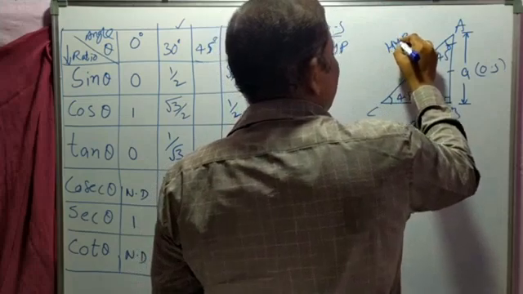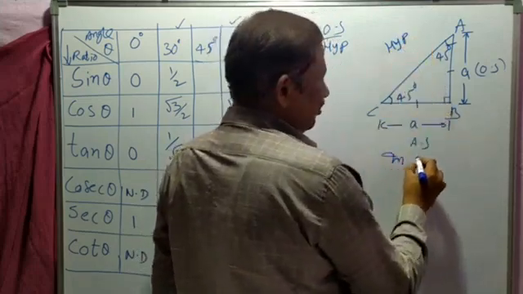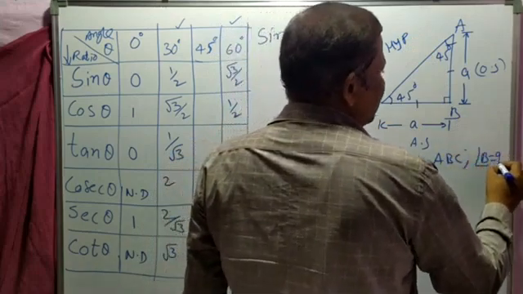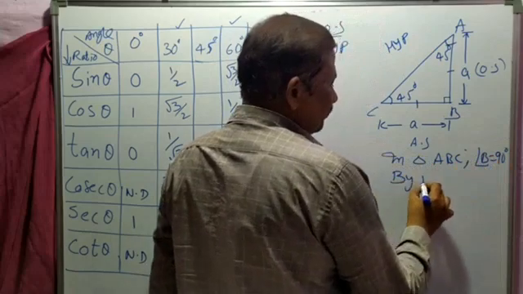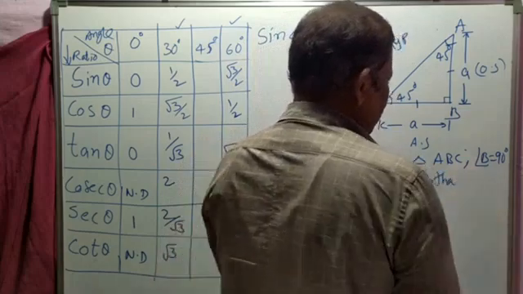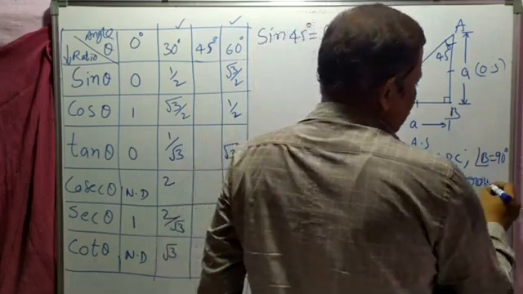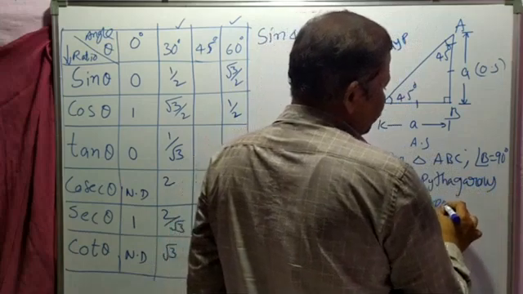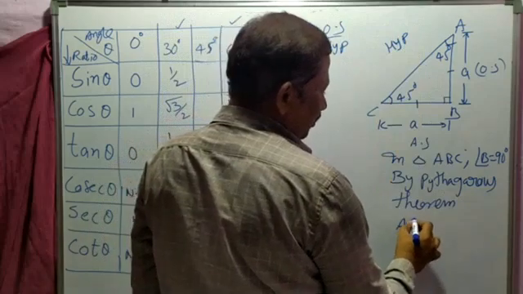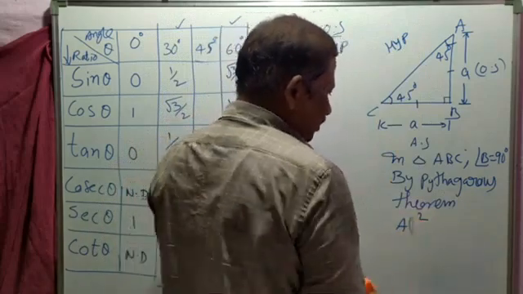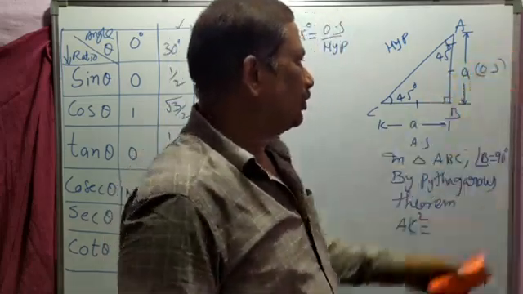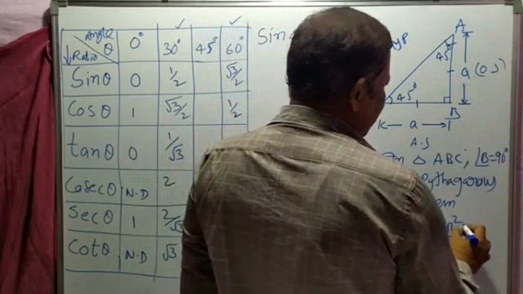So by using the Pythagoras theorem, in triangle ABC, angle B is equal to 90 degrees. By the Pythagoras theorem, the area of the square formed on the hypotenuse, AC square, is equal to the sum of the areas of the squares formed on the remaining two sides, AB square plus BC square.